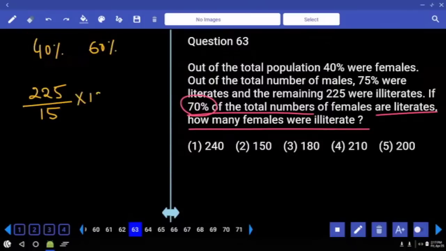So into 12, this is what we are supposed to calculate, correct? So the 3 multiple gets cancelled. And 225 in the numerator is a 9 multiple, so the answer must be a 9 multiple, and there is only one. If you want to calculate, 15 into 12, 180.